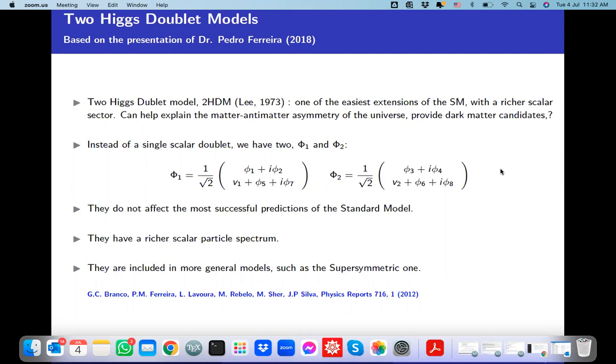As I told you, this is because in constructing the standard model, in fact, we have just one doublet, so the vacuum expectation value was in the second component, and if you wanted to give mass to the up sector, you need to consider the phi tilde, which is tau 2 times phi star.